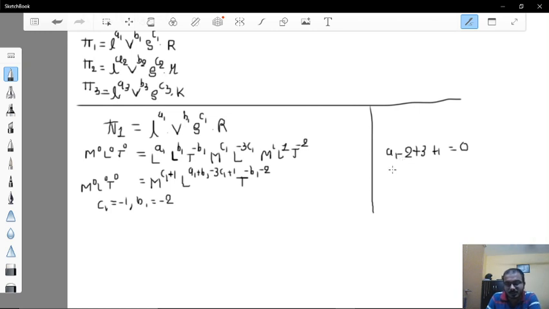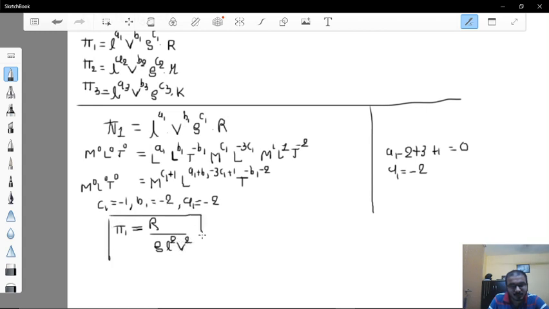So A1 will be equal to minus 2. So we are getting pi 1 is equal to R upon rho L square V square. That is the value of pi 1 term.